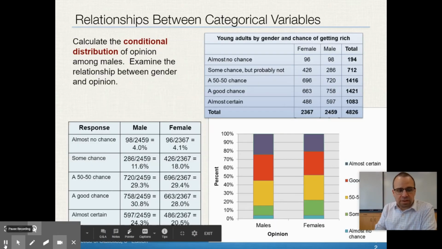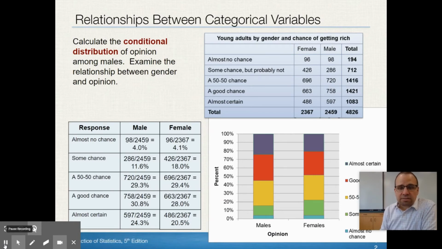Using the same data here, it says examine the relationship between gender and opinion, but if I was going to phrase the question, given the fact that the person who responded was male, what percent believe they have almost no chance? Now, the key word is given. That's going to be the number you're dividing by.